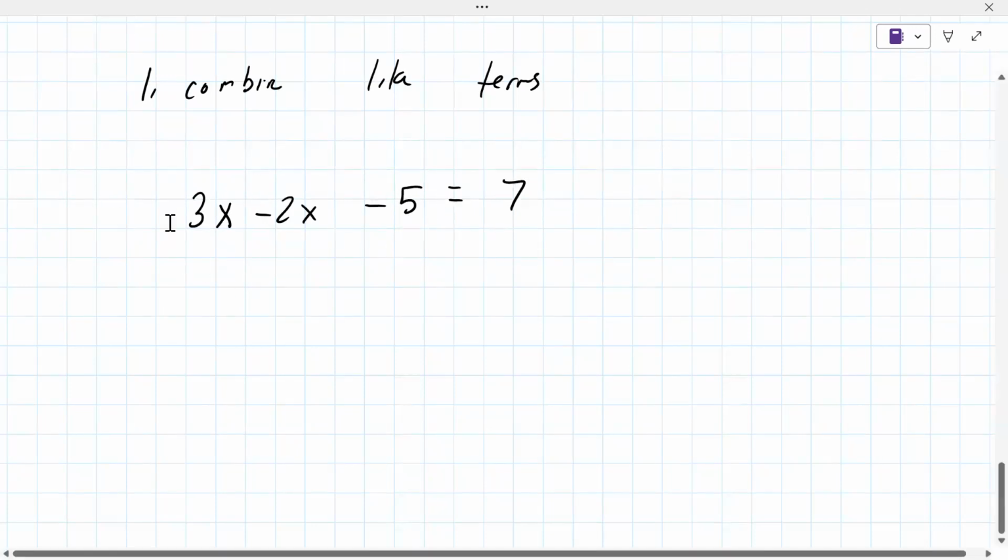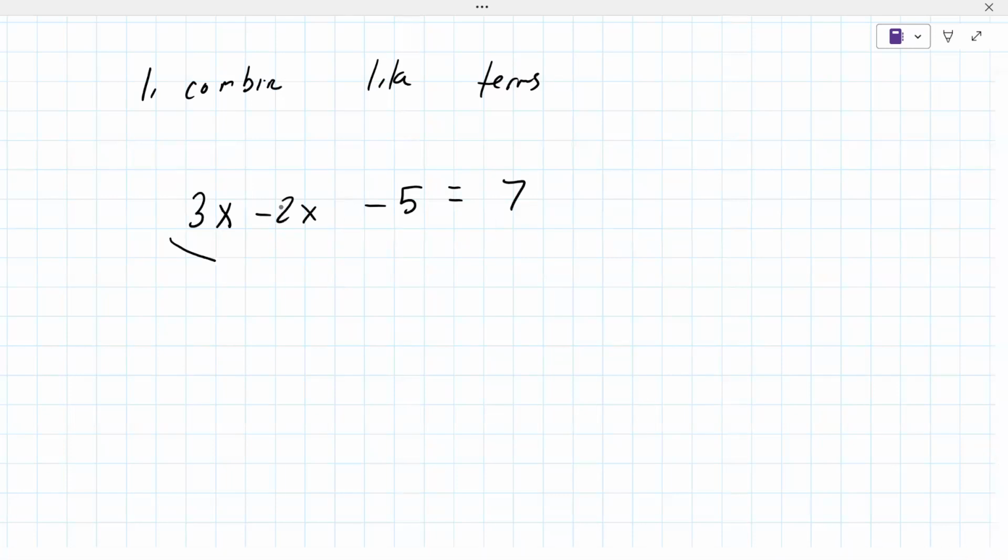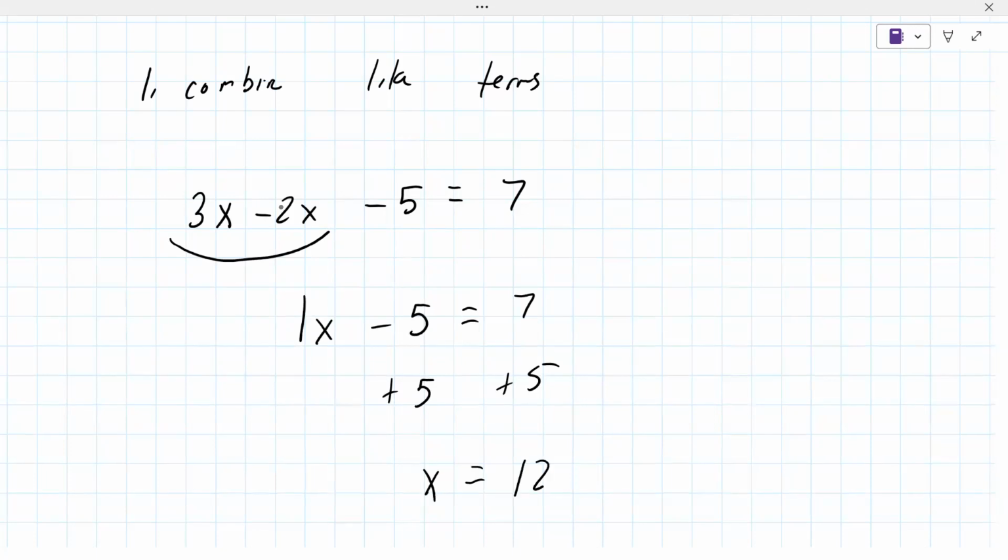On one side of the equation, you'll see variables and you have to combine them first. It's usually the variables, but it could be numbers. Here you would combine those. That's 1x minus 5 equals 7, and then you add 5 to both sides to get x equals 12.